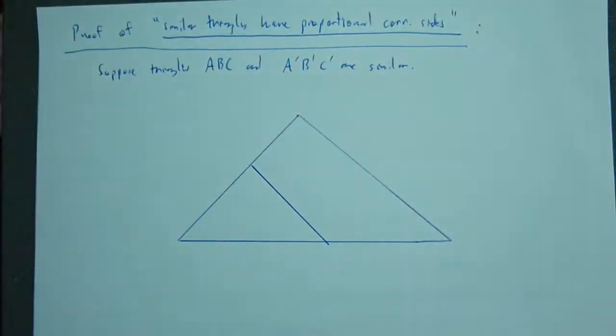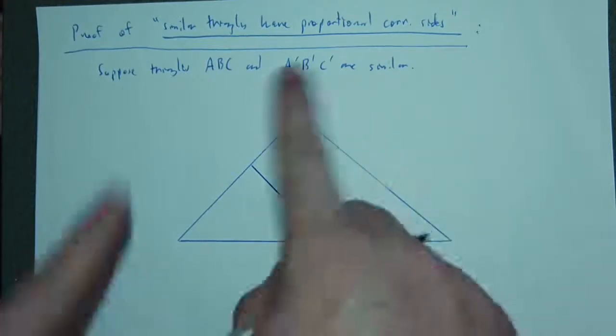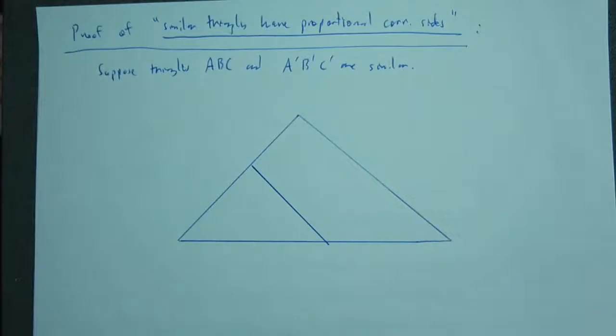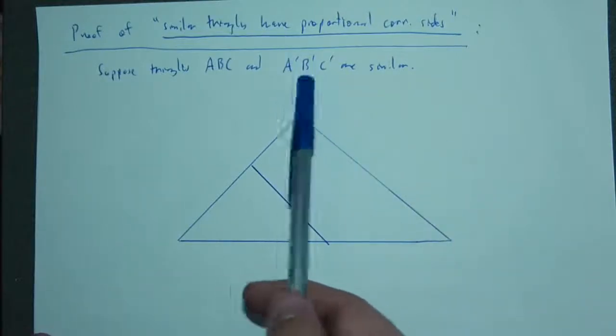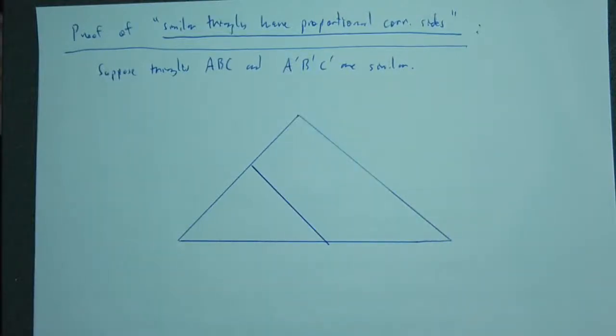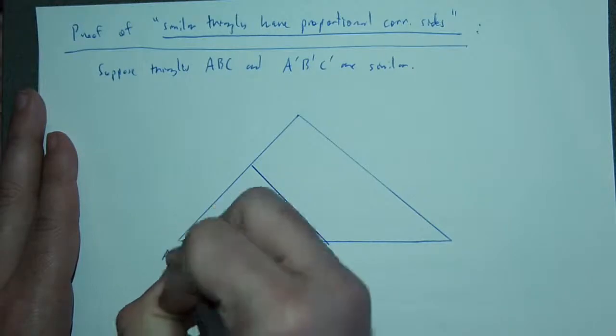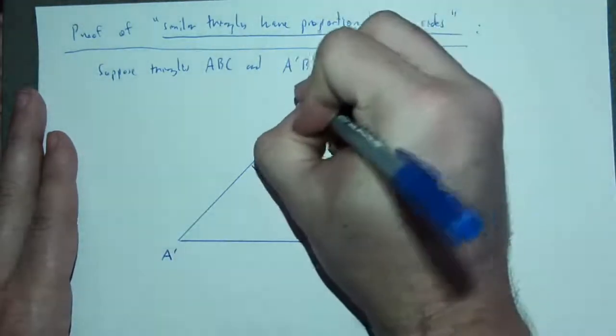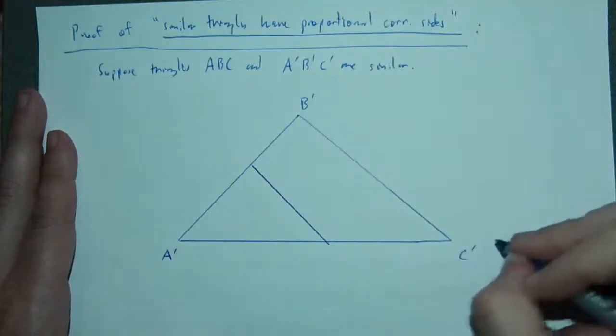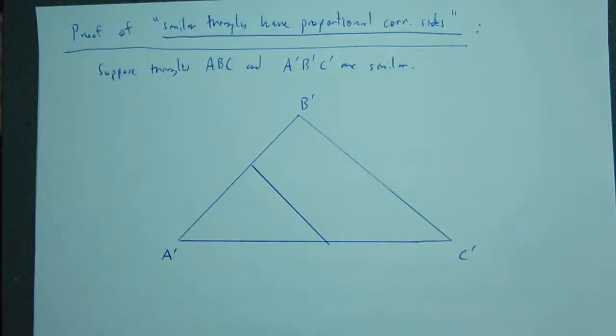Now, without loss of generality, we can assume that one of these is the bigger triangle. So let's say that A prime, B prime, C prime is the bigger one, and let's say that this bigger triangle showing up in this diagram that I've drawn is A prime, B prime, C prime.